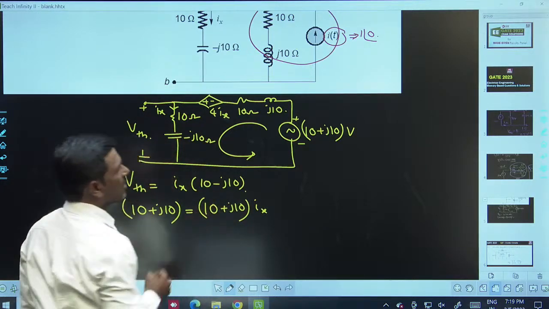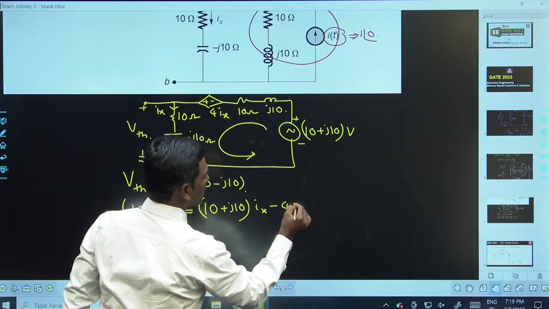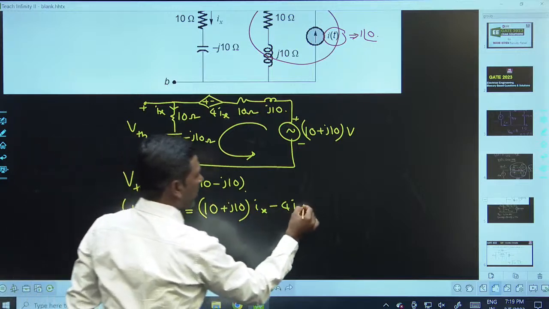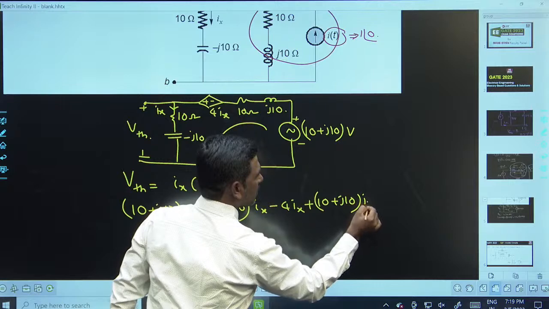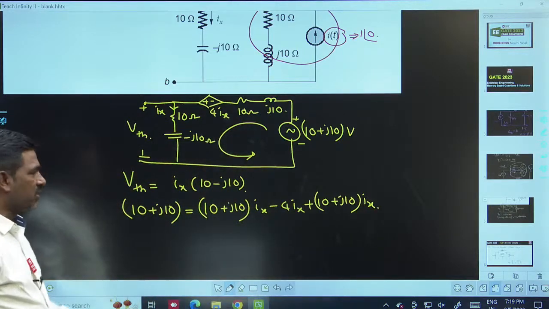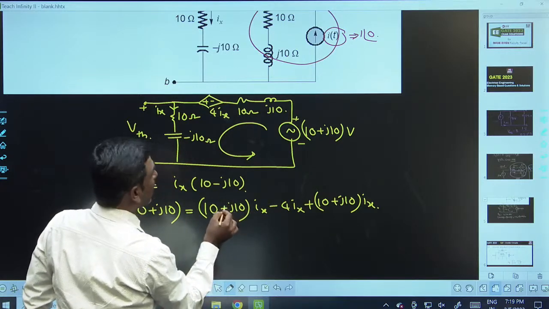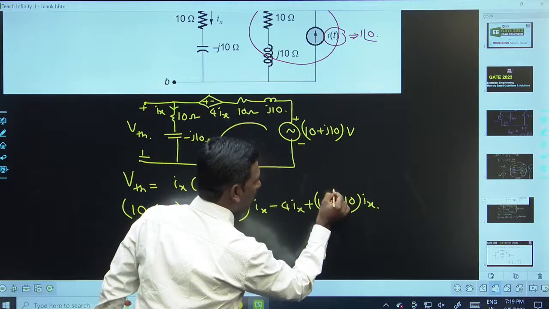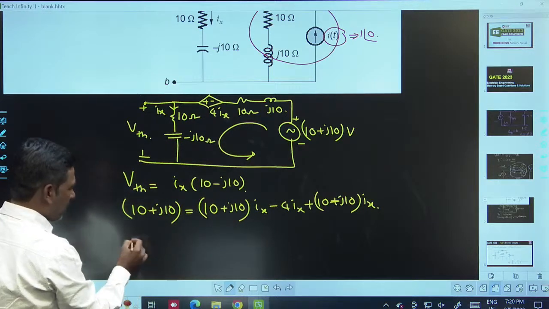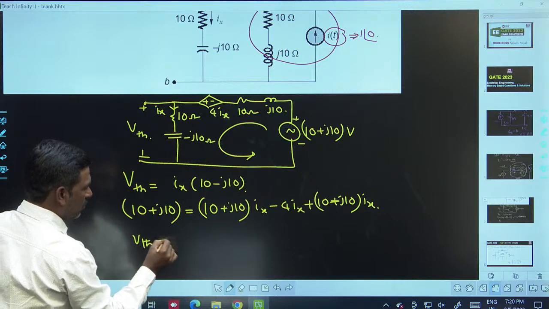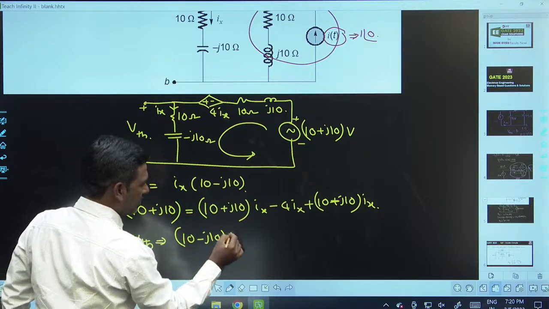This Ix is given minus to plus, going to the other side it is minus 4Ix, and 10 plus J10 into Ix. From this you get the Ix value. Here is a J10 Ix, and here is minus J10 Ix. The minus J10 Ix plus J10 Ix get cancelled. So from this you get Ix, and VTH is equal to, just substitute here, 10 minus J10 into Ix.